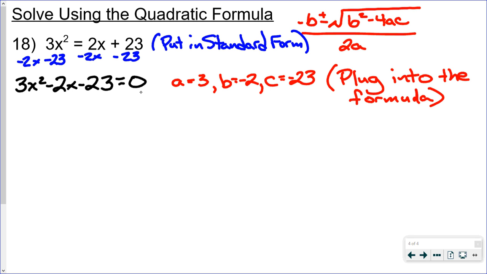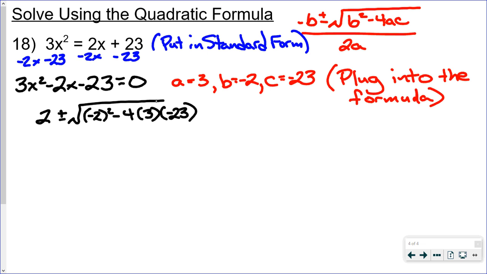So negative b just means the opposite of b. So b is -2, so I'm going to put +2. Plus or minus the square root of b squared, so that's -2 squared, minus 4 times a, which is 3, times c, which is -23. And that whole thing is over 2 times a, so 2 times 3.